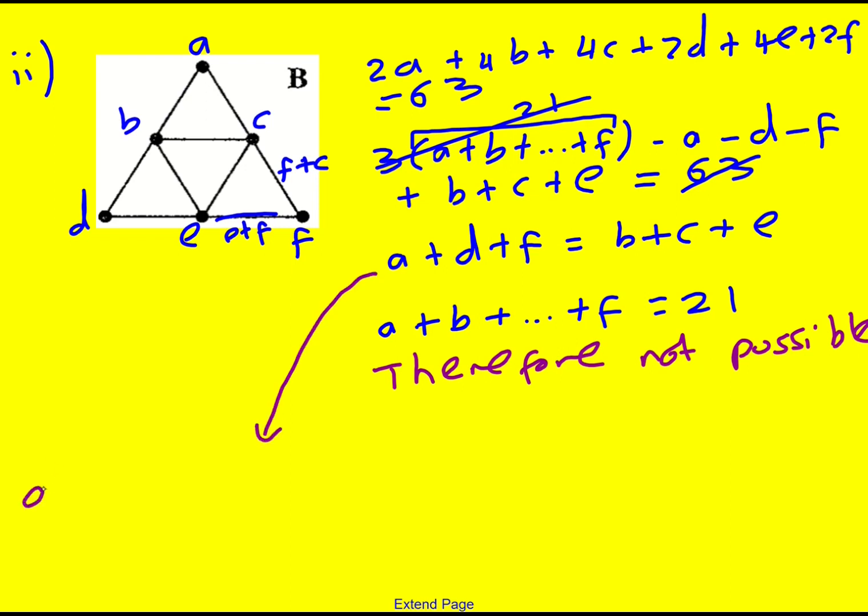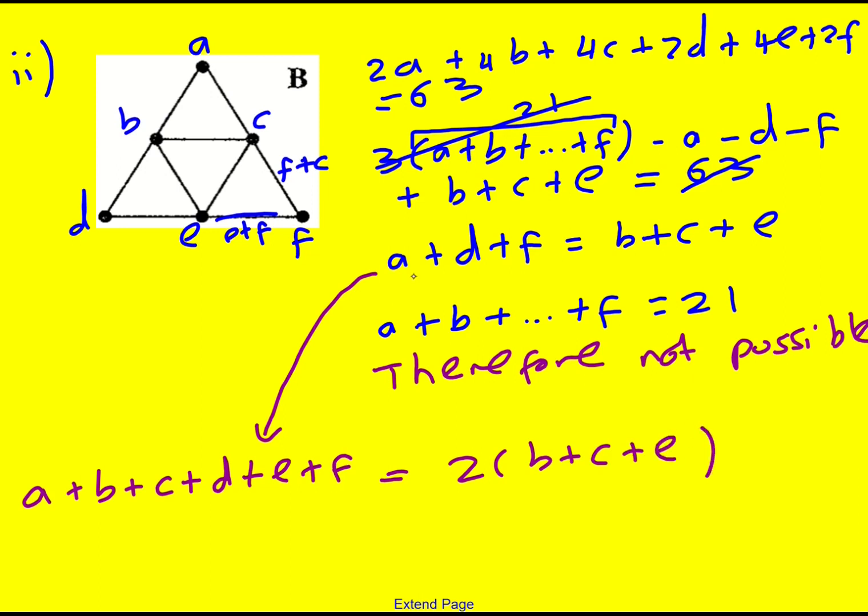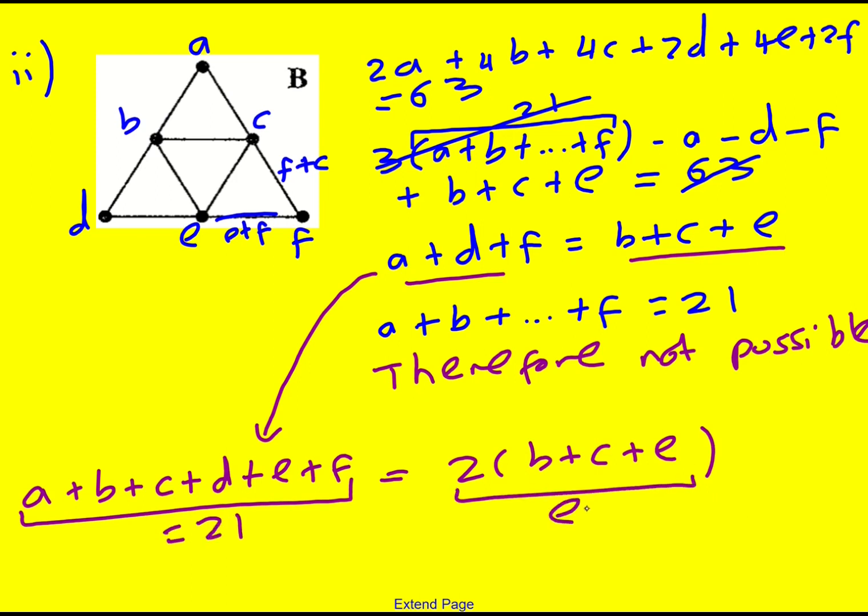If I take this and add B, C, and E to the left-hand side, then this would actually equal 2 lots of B plus C plus E on the right-hand side. I'm adding B plus C plus E to both sides because this here is equal to 21. And I've just shown that this, well, is an even number. So I'm saying an even number is an odd number. So there's a contradiction.